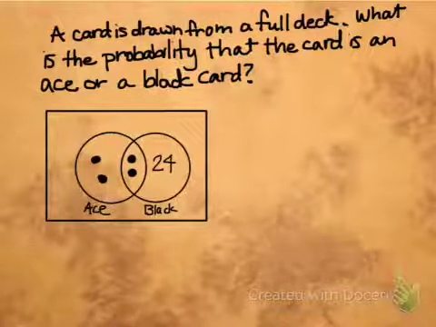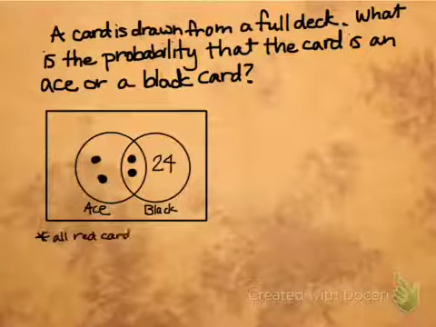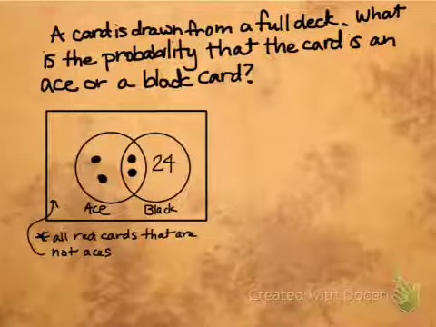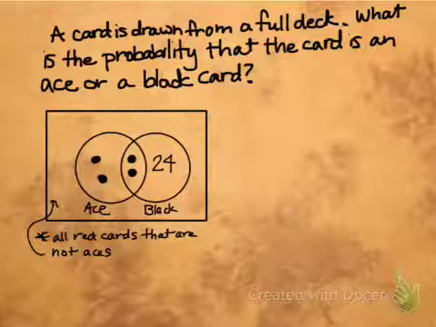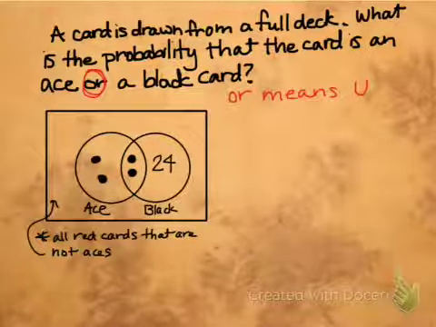Now what we're trying to figure out is the probability that the card is an ace or black. And just another note, outside of the circle would be all of the red cards that are not aces, if that makes sense. Okay, so or. When we're talking about or, we're talking about a union.